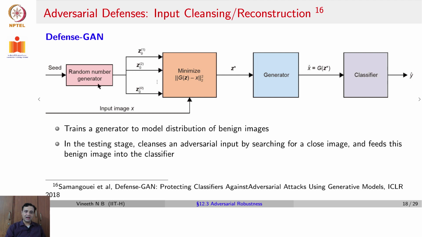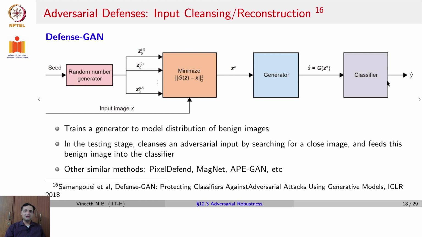You have a random number generator, and you try to find different images obtained through different random noise vectors given to the generator. You see which of those generated images is closest to the current input, which could be adversarial, and use that as input to your classifier to get the output. Why do we do this?